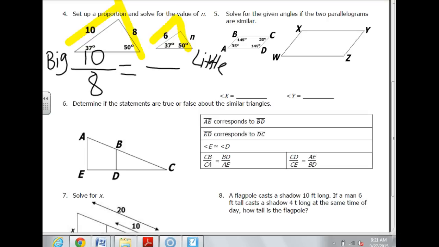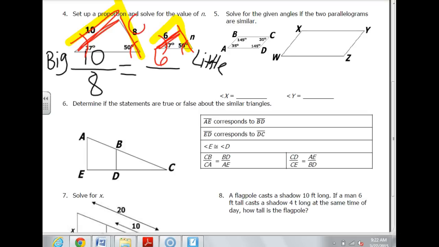I know that 10 is just like 6 because they have that 37 degrees in the same spot. I know that 8 is just like n because the 50 degrees is in the same spot. So if I have 10 over 8, what's just like the 10? The 6.